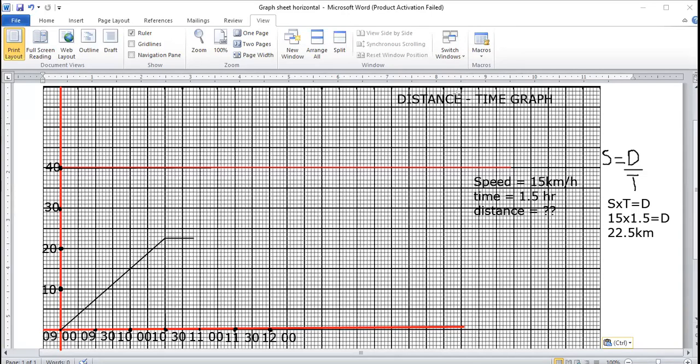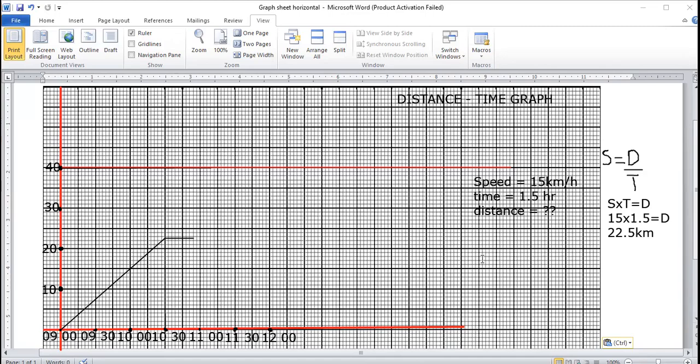Going to the next part of the question, they are saying the person completes his journey at a constant speed of 20 kilometer per hour. So right now, how much distance is left? First of all, I have to calculate that.